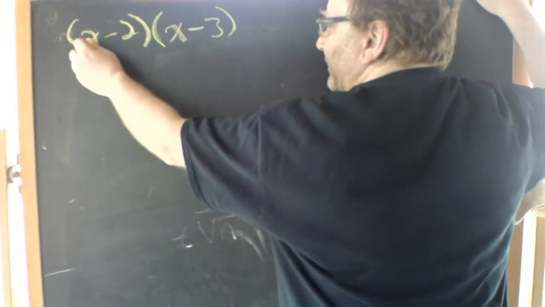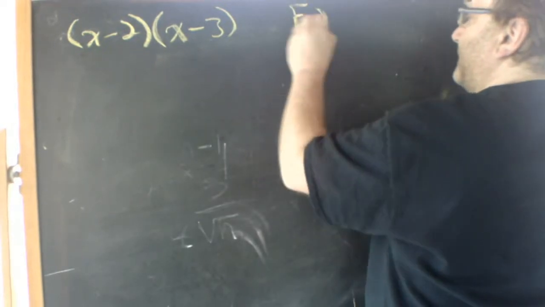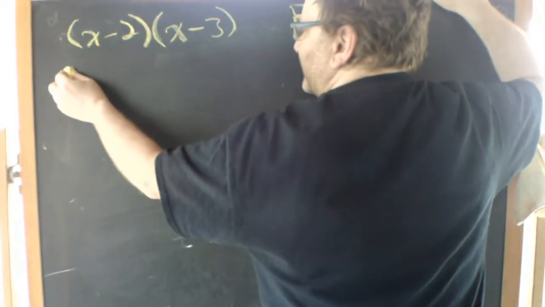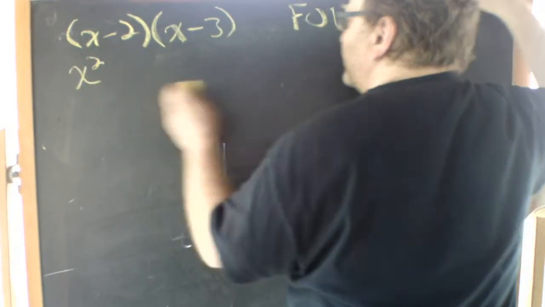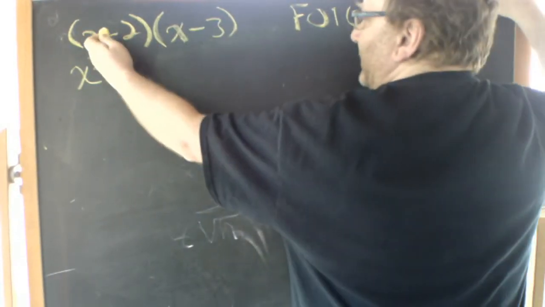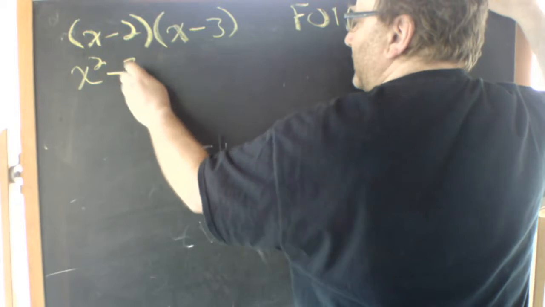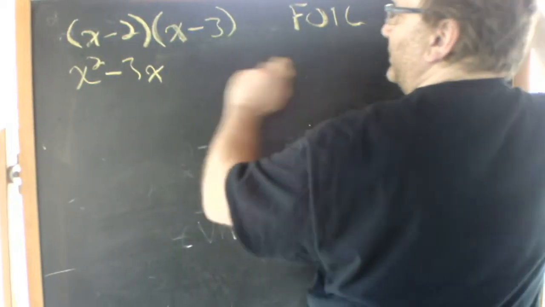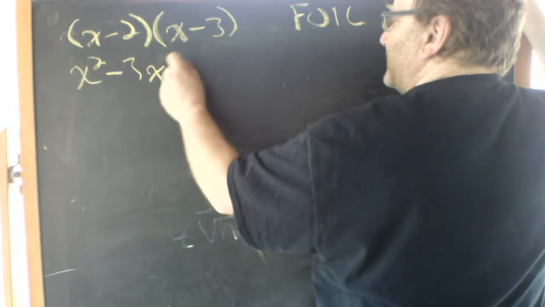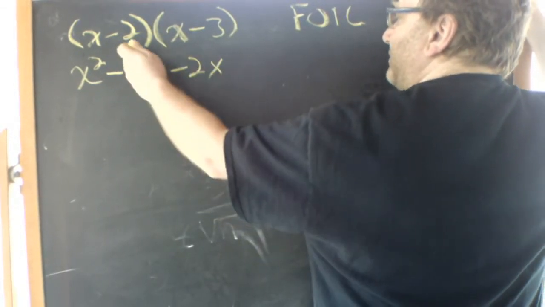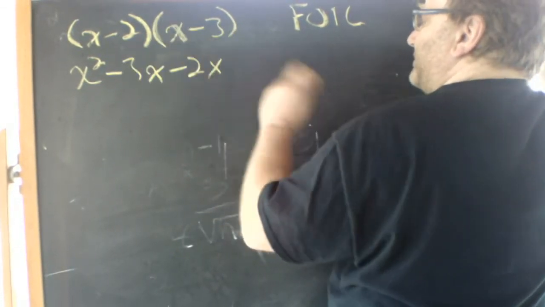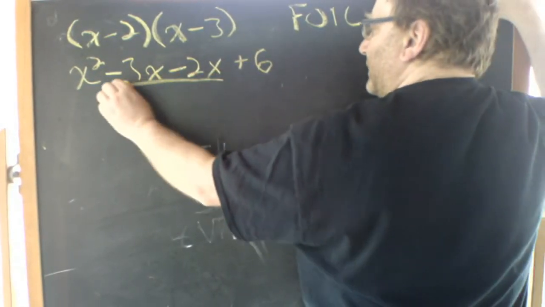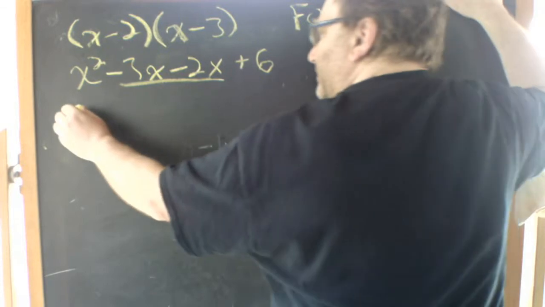We used the FOIL idea. Firsts: the first times the first is x squared. Outers: my outer, negative 3 times x, is negative 3x. Inners: my inner, negative 2 times x, is negative 2x. Lasts: my last, negative 2 times negative 3, is positive 6. And we get these middle terms that would combine.